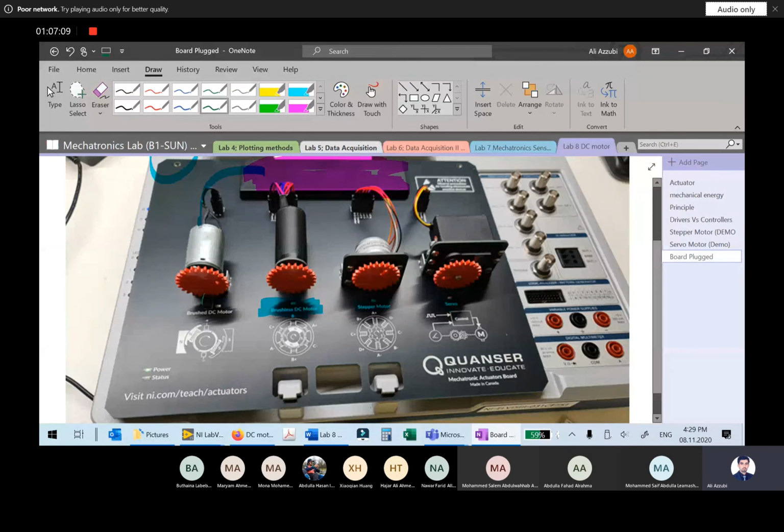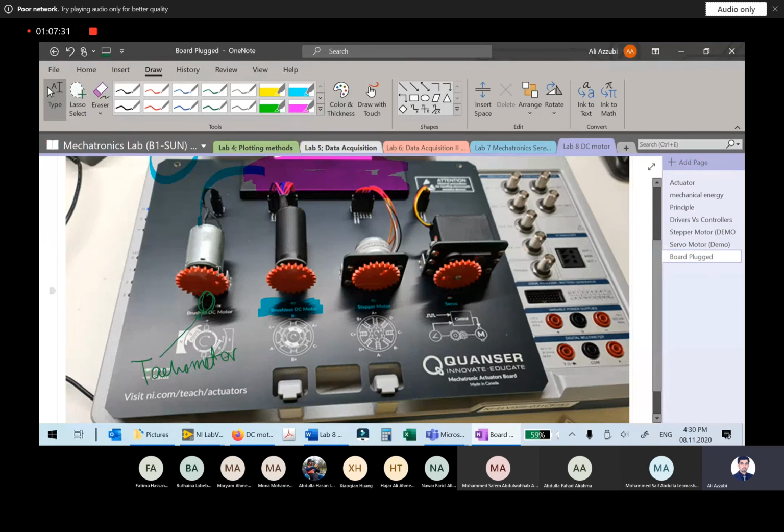It's not very clear, but it's somewhere here. This is what you call the tachometer. The tachometer simply will count how many pulses are generated from this gear.